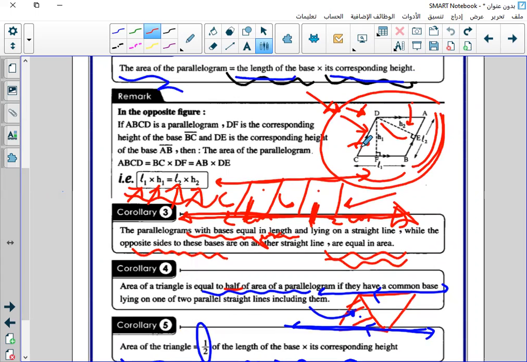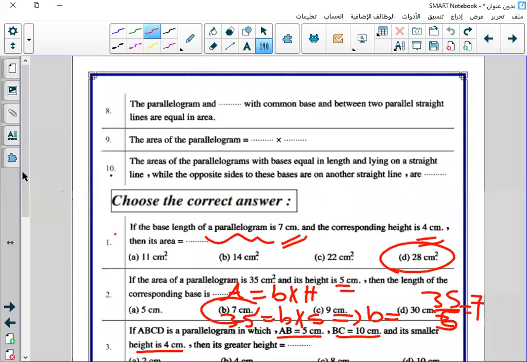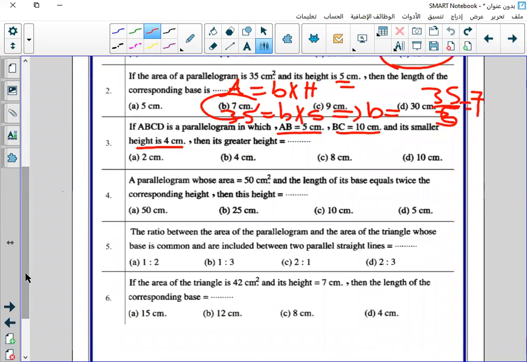The greatest height is opposite to the smallest base, and the smallest height is opposite to the greatest base. Okay, do you understand now? Yes.